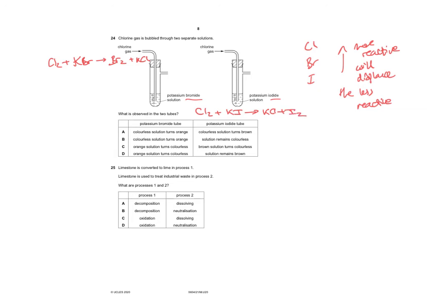So the colour we see with these reactions is always going to be the thing that's on its own. So in this case, it's going to be bromine, which is orange. And in this case, it is going to be iodine, which is going to be brown. When it's bonded, it's colourless. So this is going to be colourless, just this part, and this is colourless too.